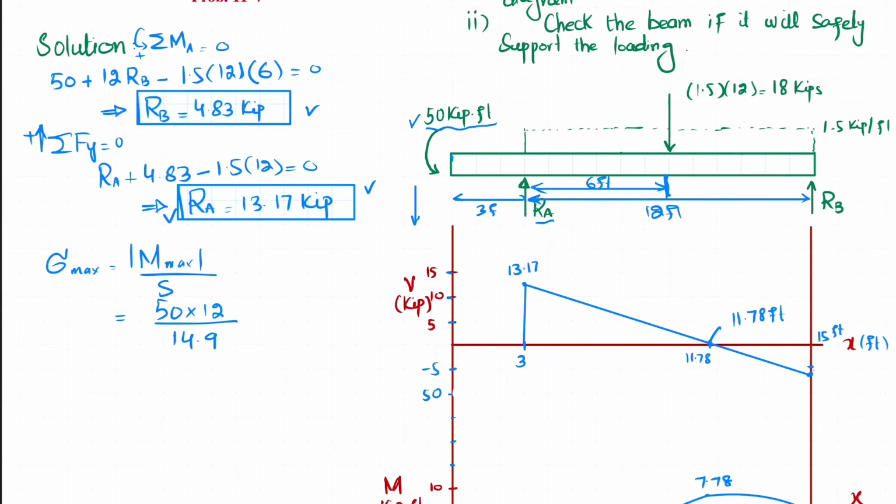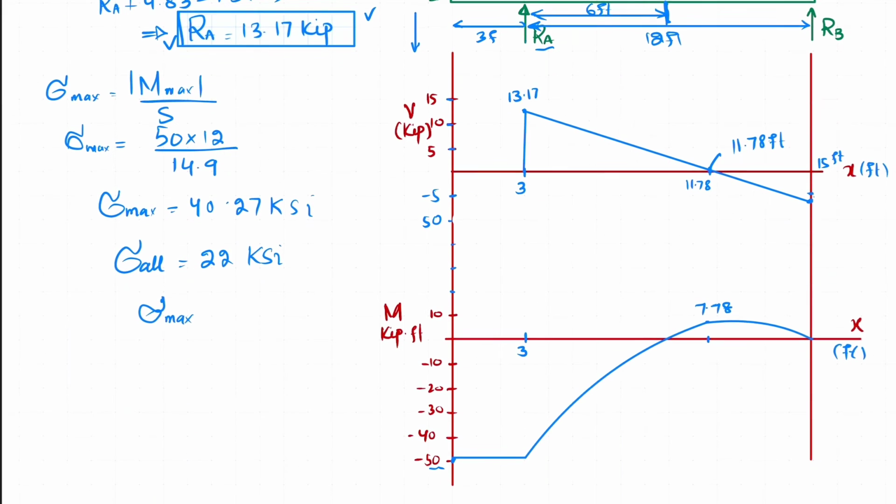When you calculate it, you get 40.27 ksi. But the allowable stress given in our data is 22 ksi. So our maximum bending stress is greater than allowable, which means it is not good. It cannot bear the bending load.